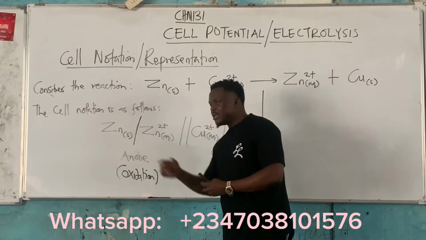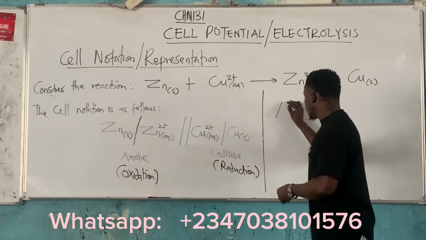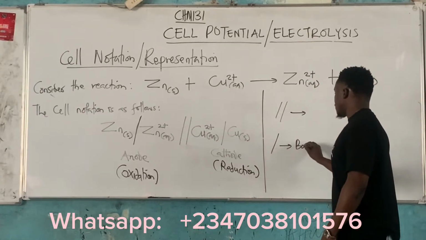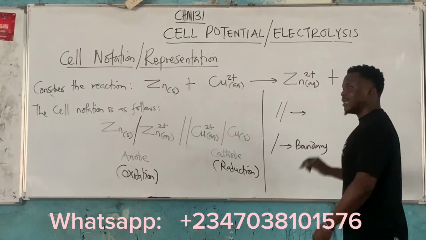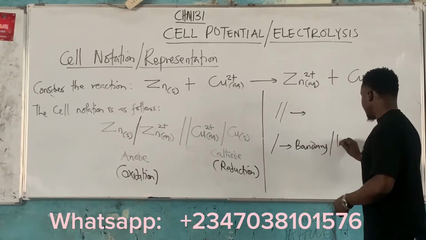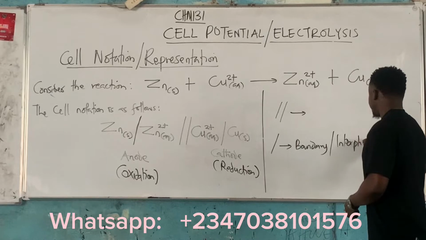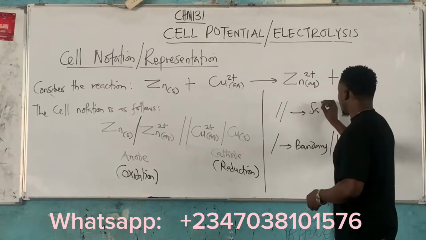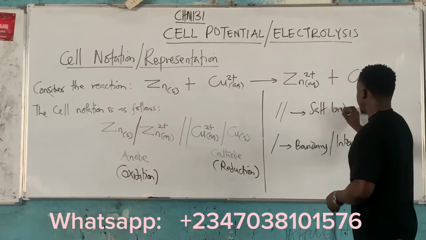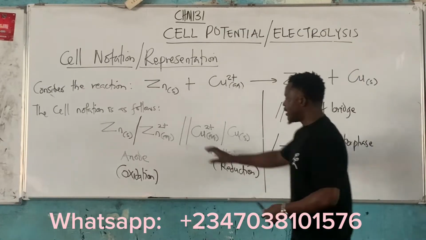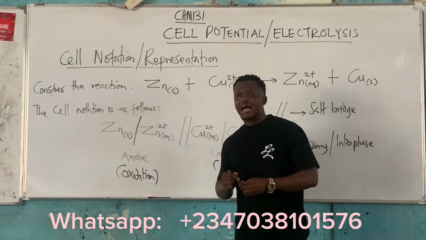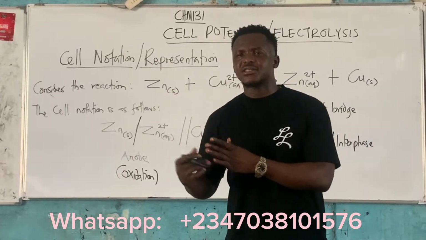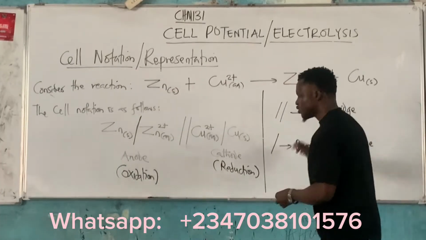Now, the double stroke here is the boundary or the interface, whereas this is what we call the what? The salt bridge. Please, just in case you're asked, the double line at the center of a cell notation is that. The answer is what? Salt bridge.